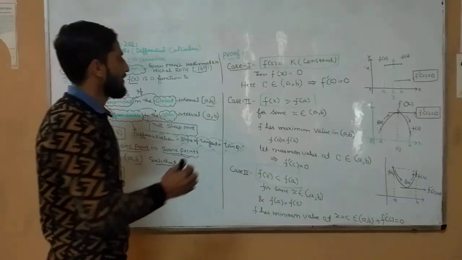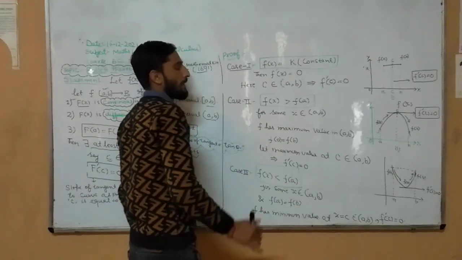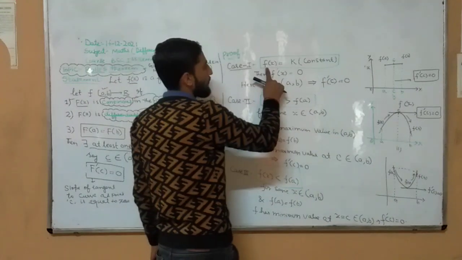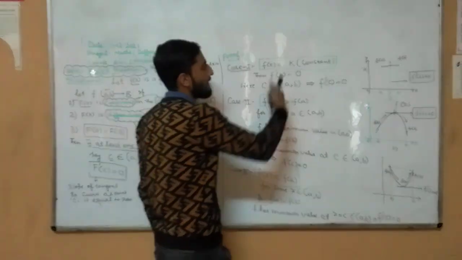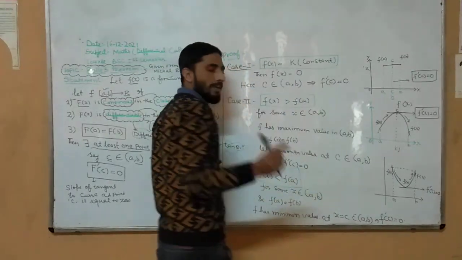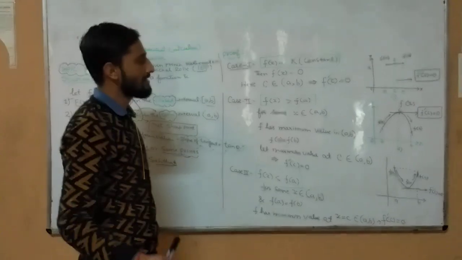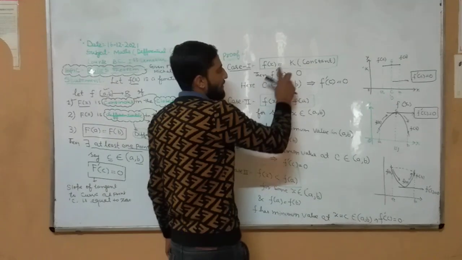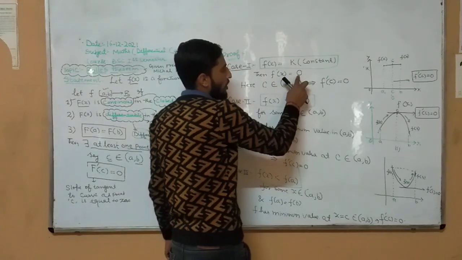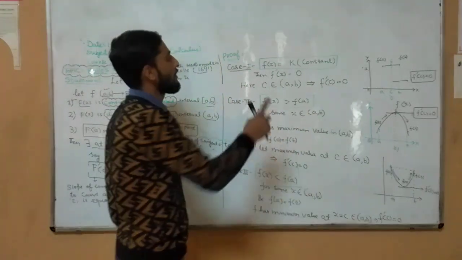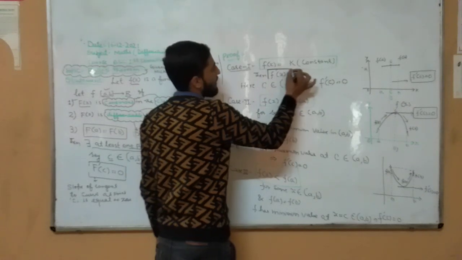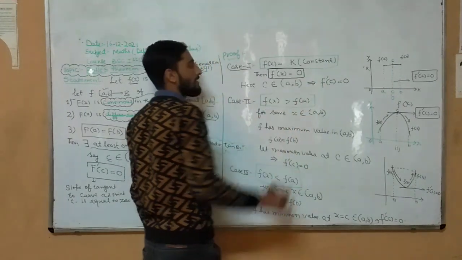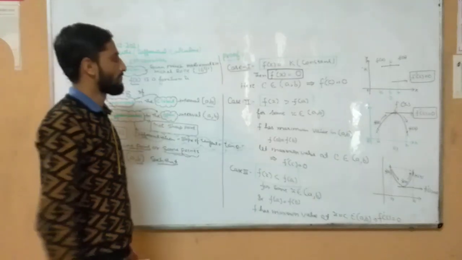Case first says that any function f(x) is equal to k, where k means a constant function. It means f'(x) is equal to 0, because the derivative of a constant function is equal to 0.